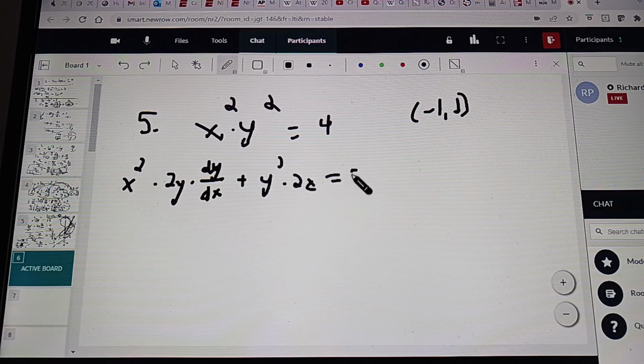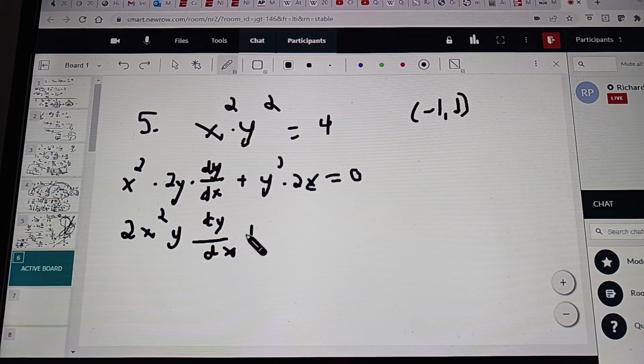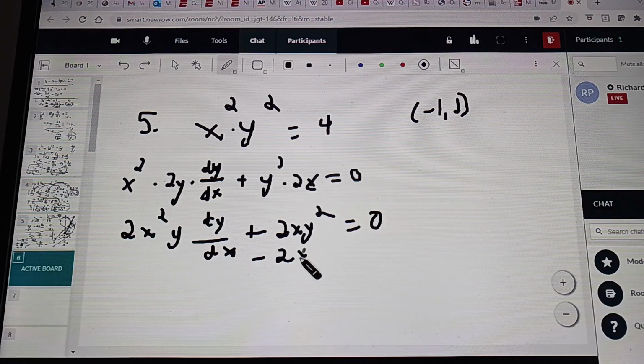And the derivative of 4 is nothing. So there's only one dy over dx, so I just need to isolate that. Let's clean this up a little first. 2x squared y dy over dx plus 2xy squared equals 0. So let's subtract this one that does not have the dy over dx to the other side.